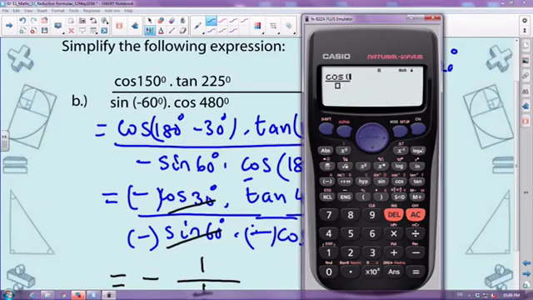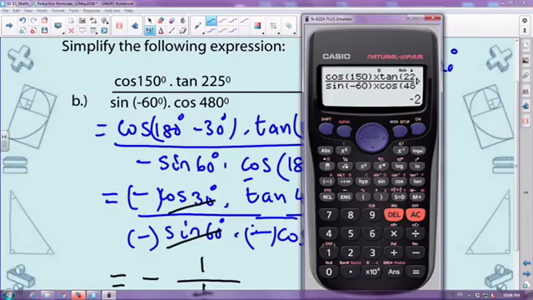You have cos of 150, close bracket, times tan 225, and then sine of negative 60 times cos of 480.